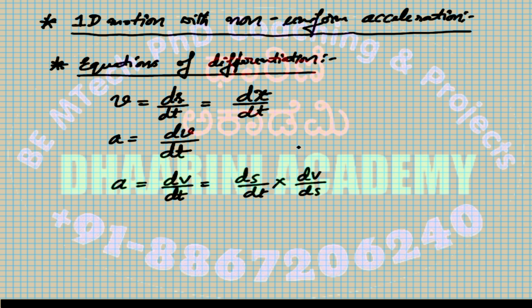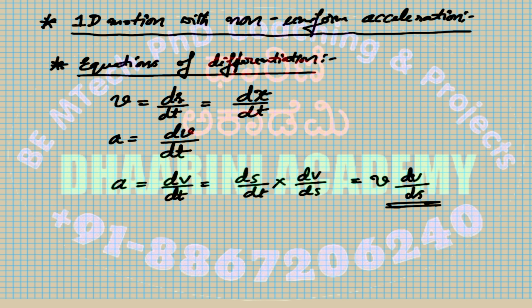Okay, right. So what is ds by dt? Ds by dt is velocity v. So a is equal to v into dv by ds, which is the third equation we can use whenever the acceleration is not uniform.